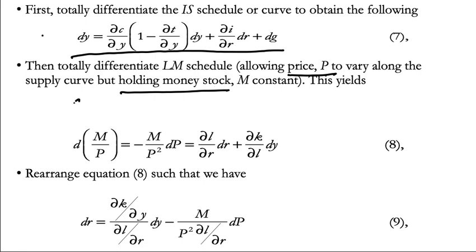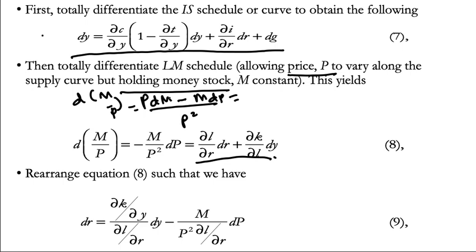So we have d of M over P equals to what? It is P squared underneath here, and then we hold price constant, but we try to change money stock here, minus we hold money stock constant, but we allow price to change, and then equals to the rest here.